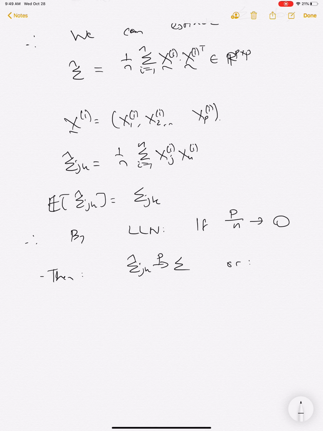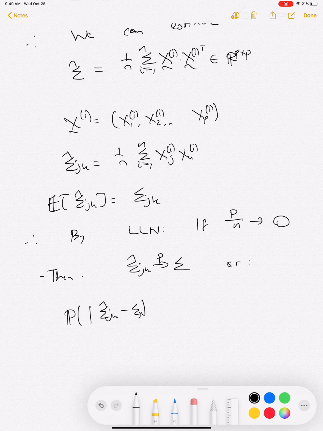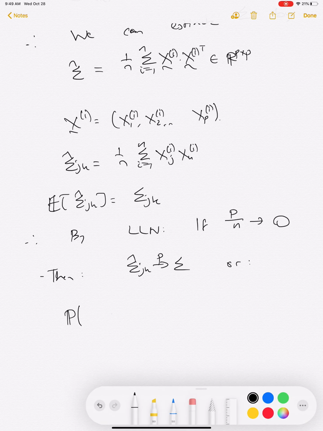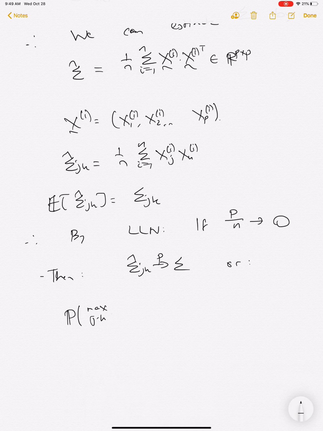Another way to write that is that the probability that the maximum over any jk pair of the absolute value of sigma hat jk minus sigma jk exceeds delta goes to 0 as n goes to infinity, for all delta bigger than 0. Okay, and so that's kind of nice.